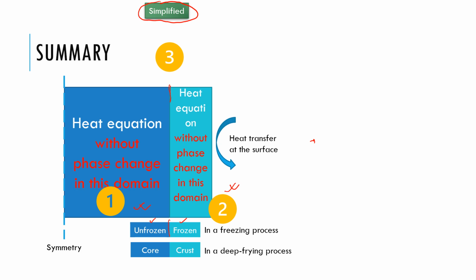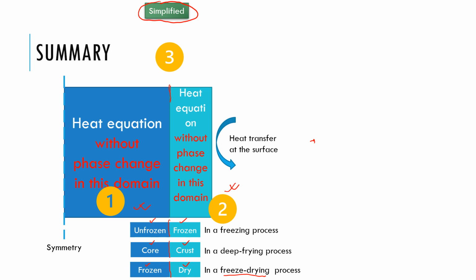This framework has been used for a deep frying process where you have a crust separated from a core by an interface. We also have used this, the scientific community has used this in freeze drying process, where you have a dry area and a frozen area separated by an interface.